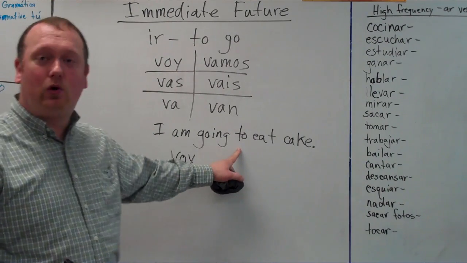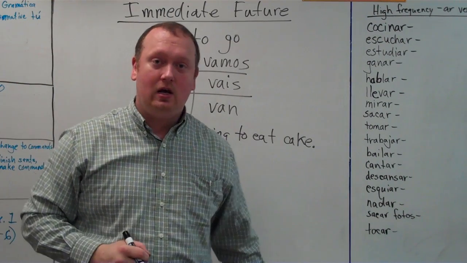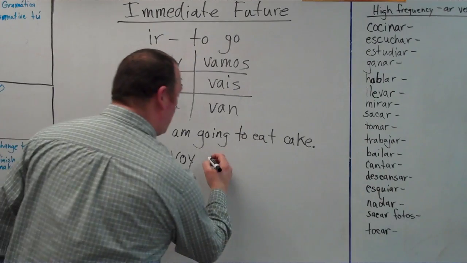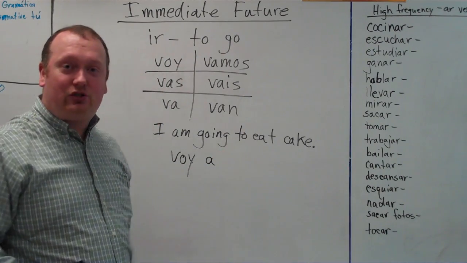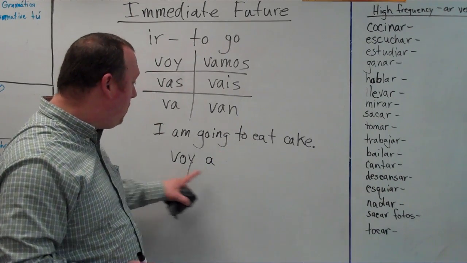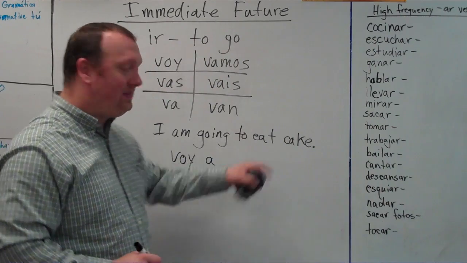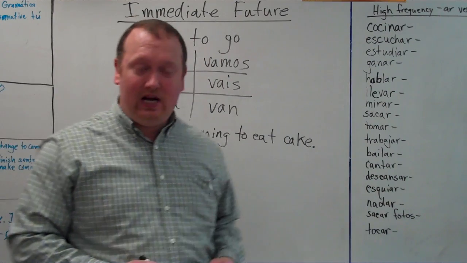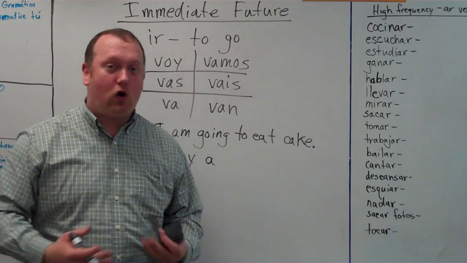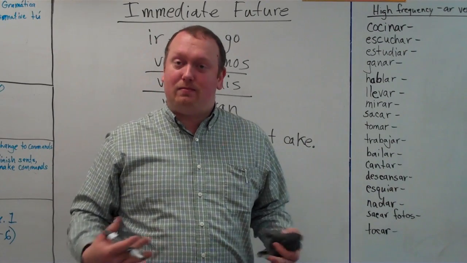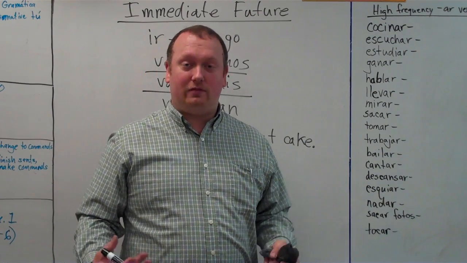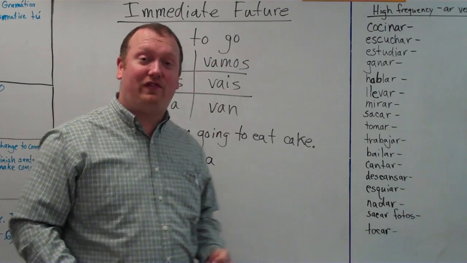And then we got to say that we're going to eat something. So we're going to use the word a, and a means to or at. So here I'm going to, and then we're going to use the verb eat. And we're going to use the form of the verb eat that is in its most simple form. The most simple form of a verb is its infinitive.